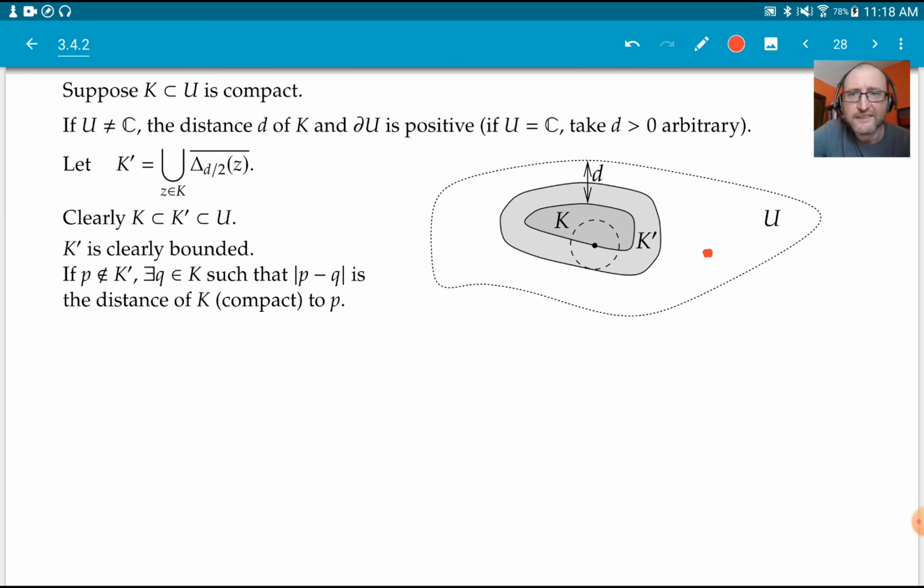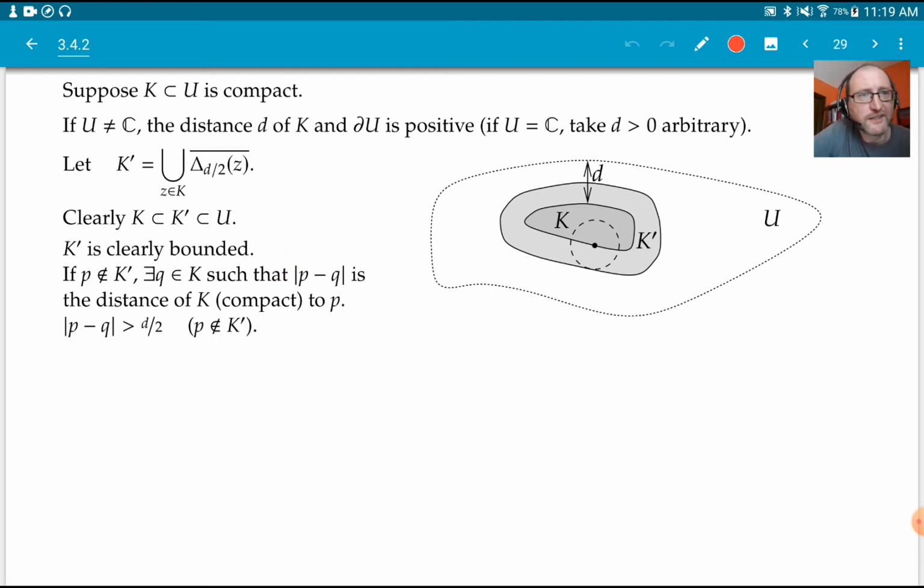So there's definitely a q in K that's closest to this p. So this is the p, this is the q. Maybe more than one, but at least one. And this |p minus q| is the distance, so it's the closest one.